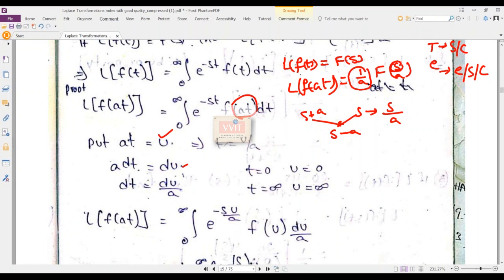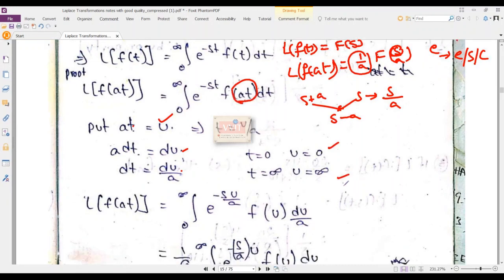Do remember that. T equals u by a, so dt equals du by a. I need to check the limits. As t tends to 0, u also is 0. If t tends to infinity, a times infinity is infinity, so u also is infinity.